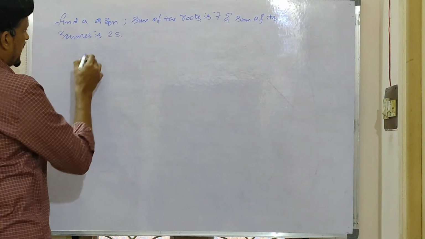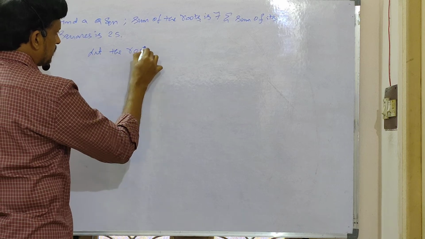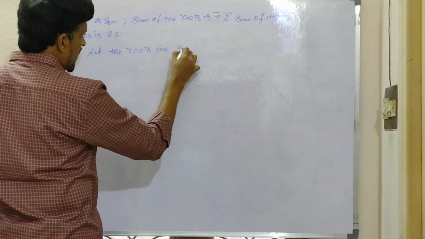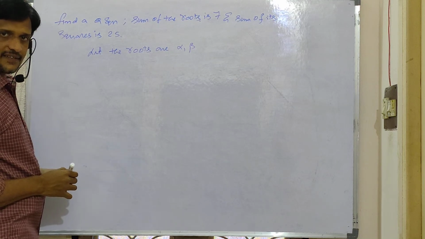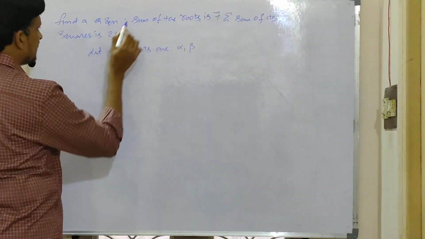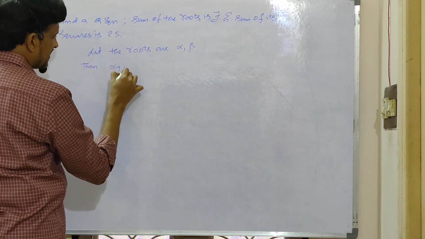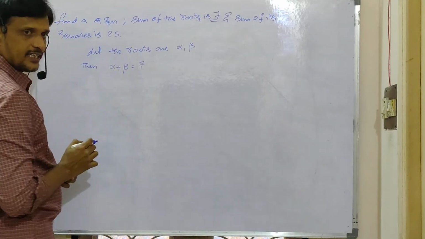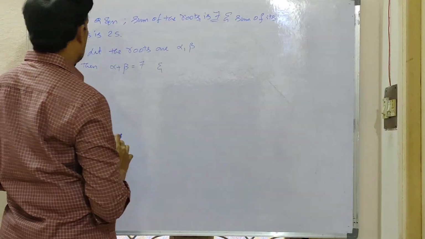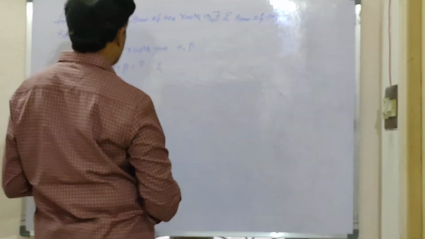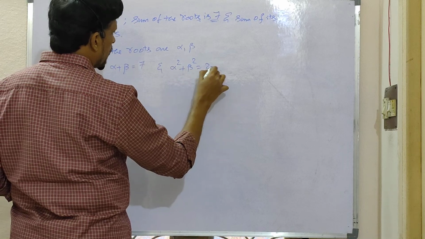So here, let alpha, beta be the roots of the quadratic equation. Then it is given that the sum of the roots is 7, means alpha plus beta is equal to 7. And the sum of their squares is 25, means alpha square plus beta square is equal to 25.